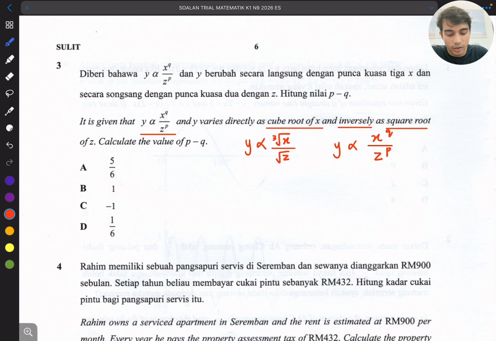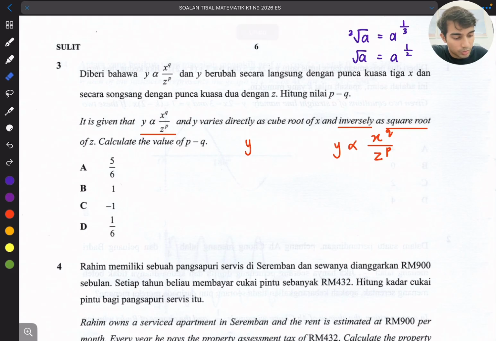Okay. Cube root of a is written as a power 1 over 3. Square root of a will be a power 1 over 2. Okay, so here we can convert this. Cube root of x will be x power 1 over 3. Square root of z will be z power 1 over 2.